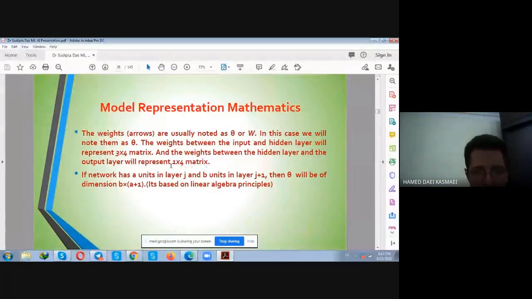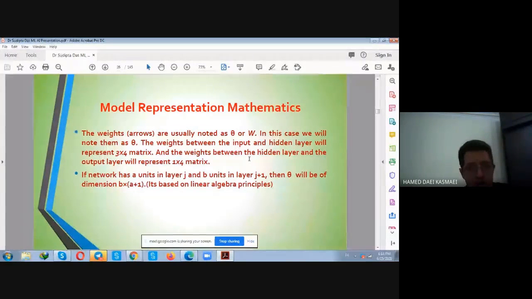That, as you know, follows the rules of matrix product. If the network has A units in layer J and B units in layer J plus 1, then theta will be of dimension B multiplied by A plus 1. It's based on the linear algebra principle. So you need to know a bit about linear algebra and its application, especially applied linear algebra.